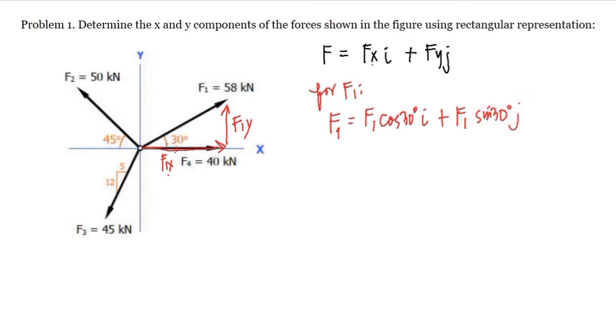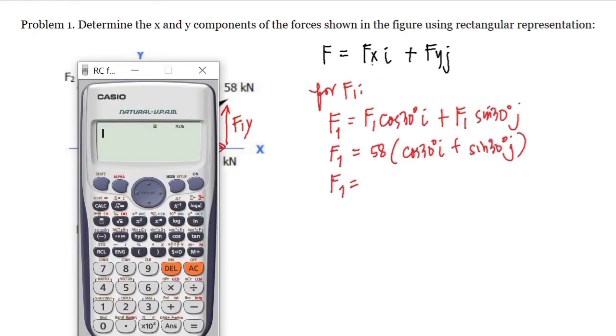Now, since F1 is common, we can say that F1 is equal to 58 kilonewton multiplied by cosine of 30 i plus sine of 30 j.